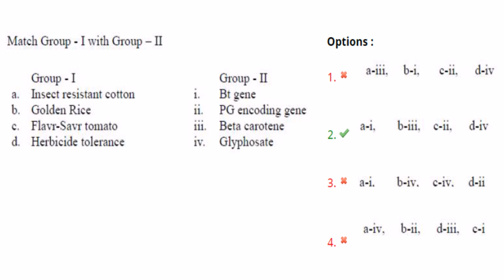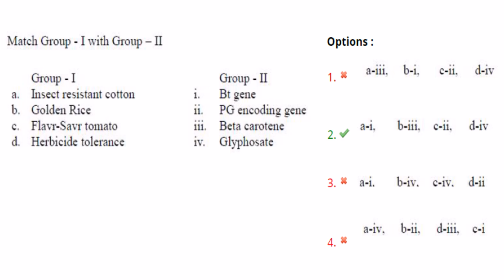Then golden rice was developed, or engineered, to produce beta carotene to fight vitamin A deficiency, because beta carotene is a precursor of vitamin A. So B is 3. Then the Flavr Savr tomato was developed for extending the shelf life of tomato.